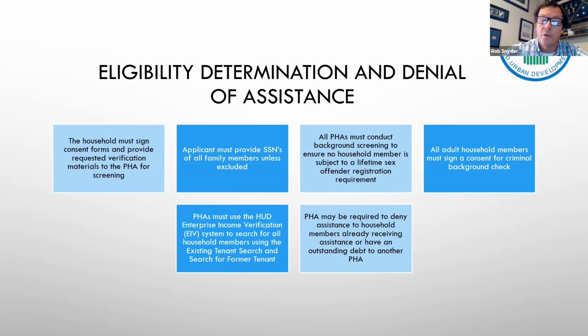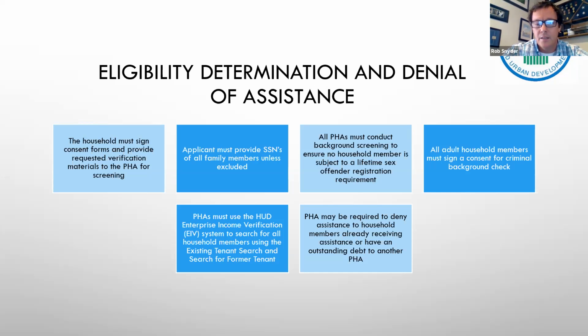And under no circumstances may a household member have a lifetime sex offender registration requirement. That is an automatic denial of assistance under the HCV program. Any adult household member has to consent to a criminal background check.